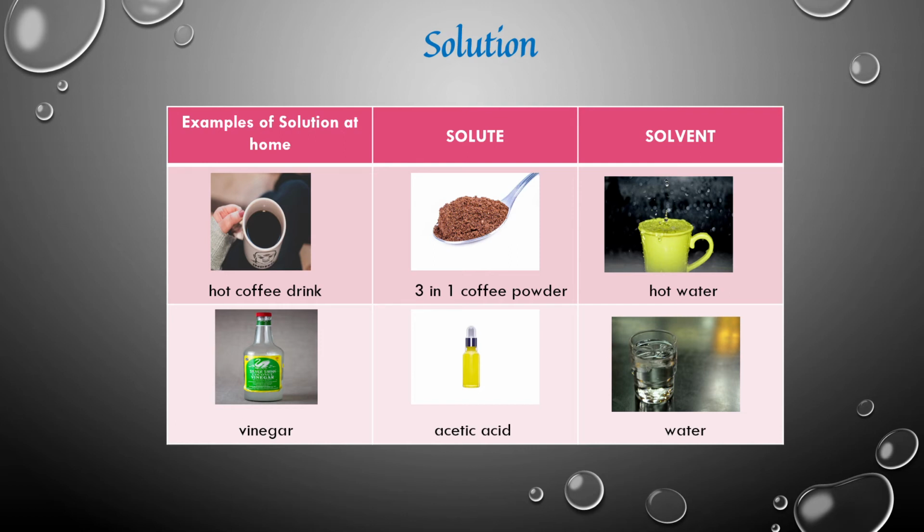Ang coffee drink po ay gawa sa coffee powder, 3-in-1 kadalasan, 3-in-1 coffee powder at saka hot water. Ang solute natin ay coffee powder. Bakit? Kasi siya yung natutunaw o yung nawawala. Ang ating solvent ay yung hot water kasi siya yung tumutunaw. Remember that. Natutunaw, solute. Tumutunaw, solvent.